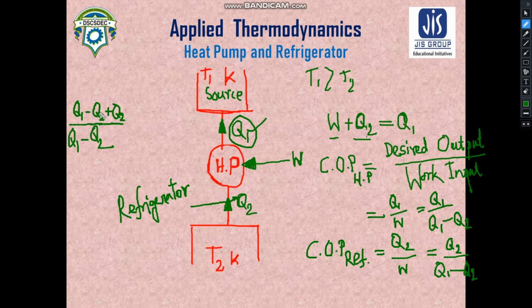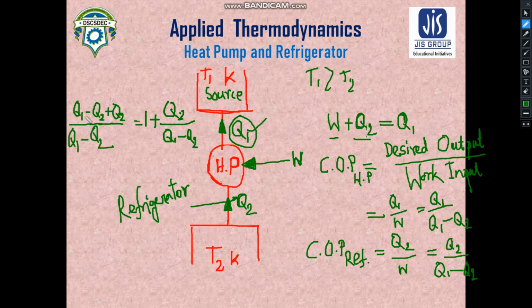Okay, so we are subtracting Q2 as well as adding it, so the ultimate result is 0. Now if we take the fractions, then it would be Q1 minus Q2 divided by Q1 minus Q2, so it is nothing but 1. Okay, so 1 plus Q2 divided by Q1 minus Q2.